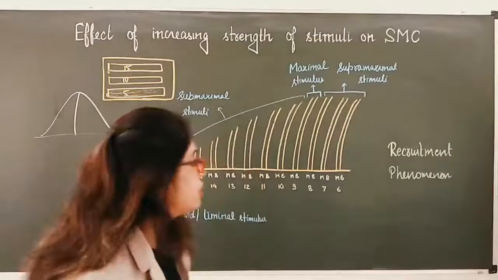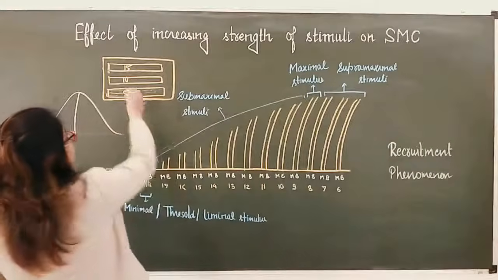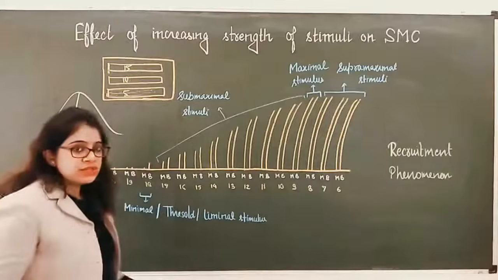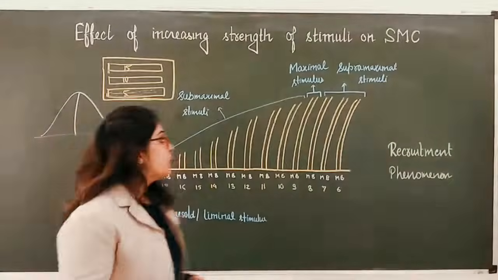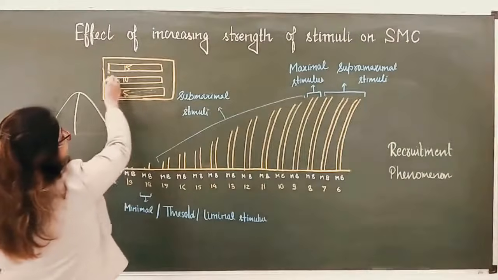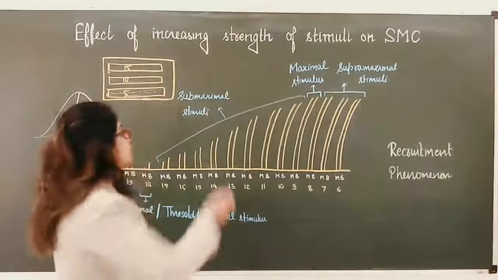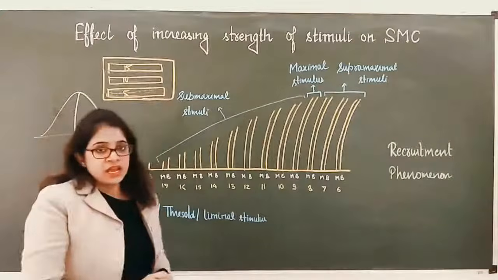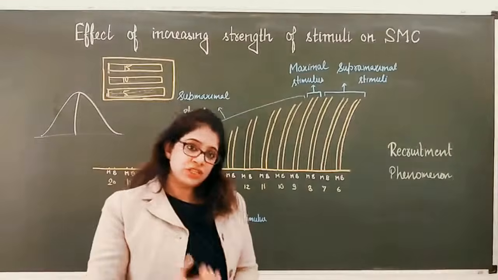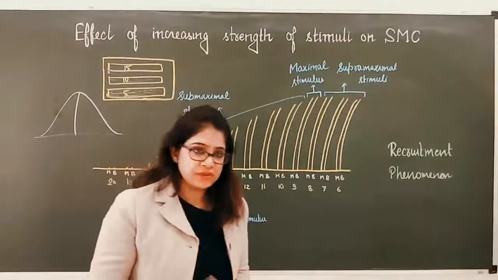If again we give a stimulus of 10 millivolts, what happens? Now this motor unit and this motor unit will come into the picture because now this is crossing the threshold of these two motor units, and now the contraction of the muscle will be a little stronger.